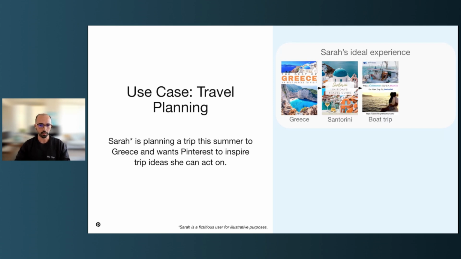Then an activity, such as a catamaran trip here. And then hopefully, if this is what she wants to do, maybe she will be inspired by that and then go and book her catamaran tour during her trip. So this is like an end-to-end solution from inspiration to realization.